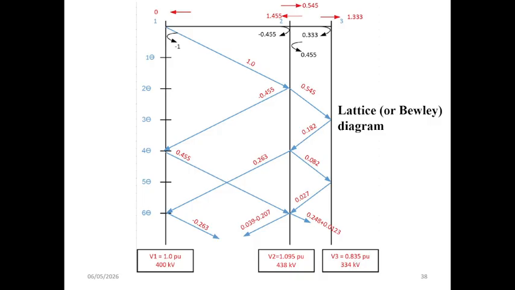So this demonstrates how transient overvoltages can develop at intermediate points in the system due to constructive interference of traveling waves, even when the sending end voltage remains unchanged. This slide highlights the importance of lattice diagrams as a powerful tool for analyzing transient behavior and insulation coordination in power networks.